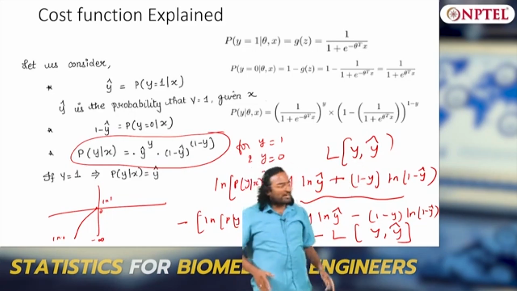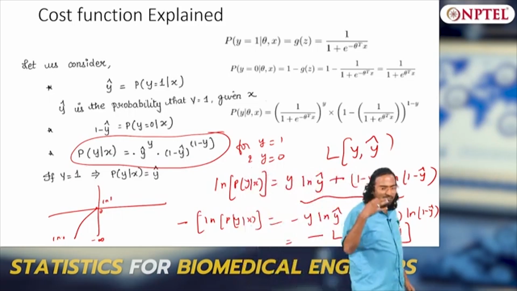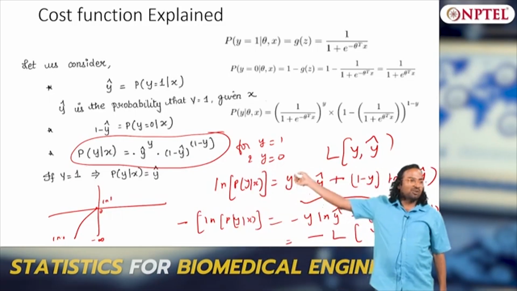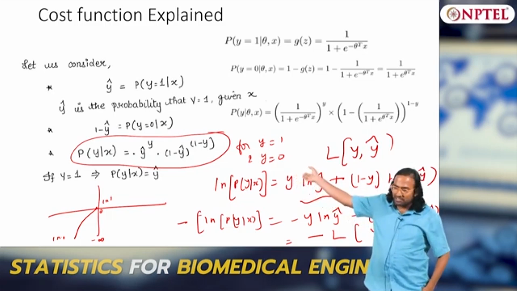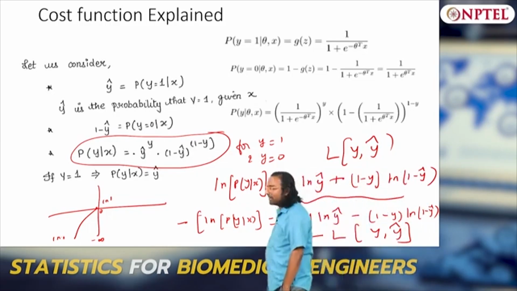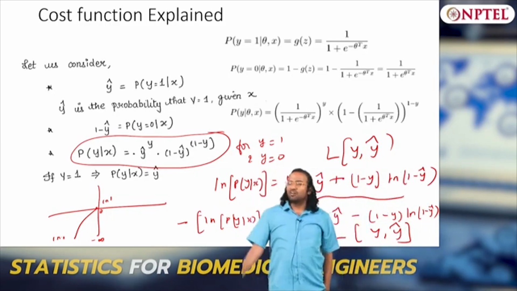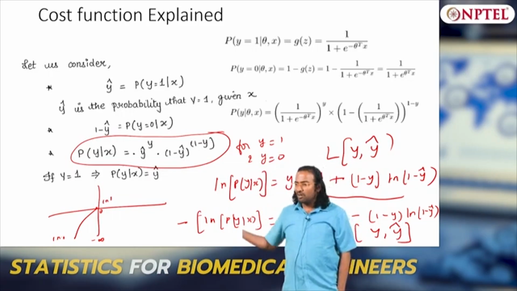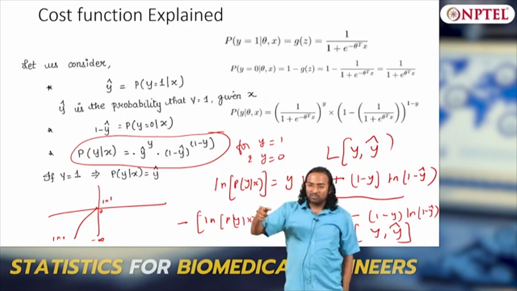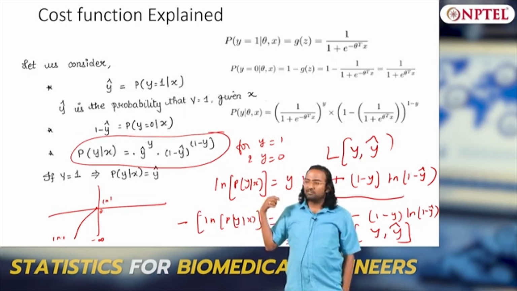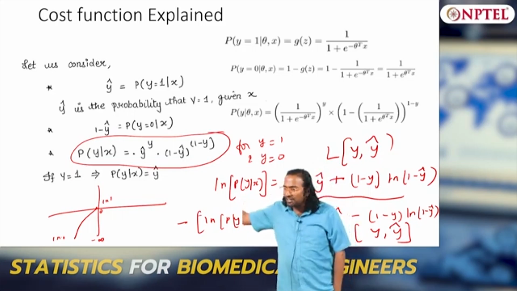They may do weighted mean square, but in classification problems the standard objective function is the cross entropy function, which is minus y ln y hat minus 1 minus y ln 1 minus y hat. This is what we derived. I also showed you how this function came, starting from the sigmoidal function. So this is my cross entropy function.